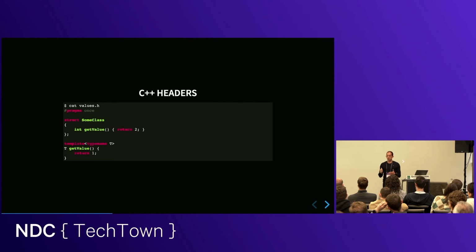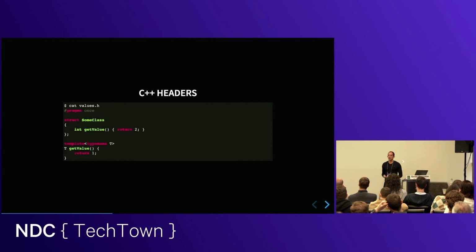Another thing I have in C++ is templates. If I have this function template called getValue, I can instantiate getValue for int in many of my CPP files, and then I'll have duplicates. But I need to put the definition here in the header file, because otherwise, how can my CPP files instantiate this template if they can't see the entire definition of the template?